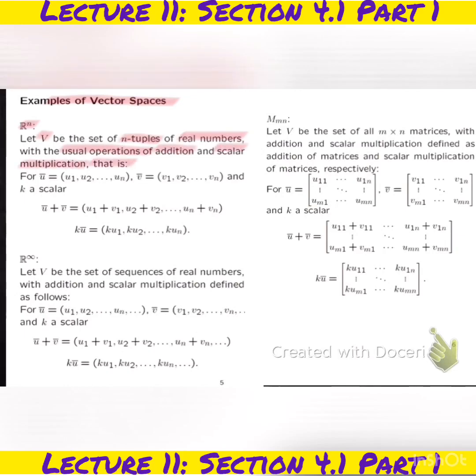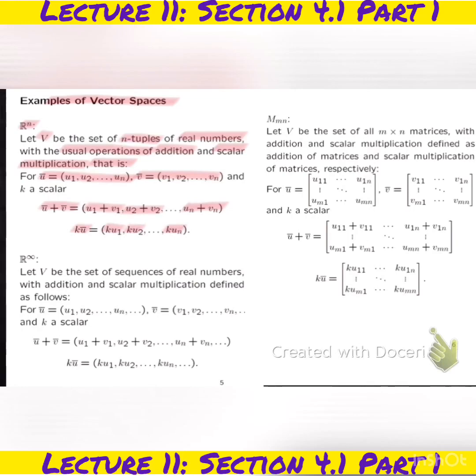Now, what are these usual operations? Given a vector u and a vector v, how do you add them? You add them like you add normal real numbers, component-wise. And how do you take a scalar multiple? The usual way. You take scalar multiples with respect to the components.